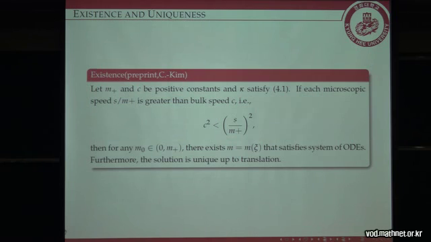But we need one more assumption here. U plus is the boundary value. Actually this is the maximum microscopic speed. So our traveling wave speed is less than this maximal microscopic speed. Then we can obtain this traveling wave profile.